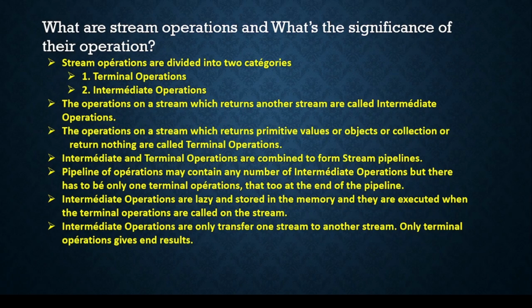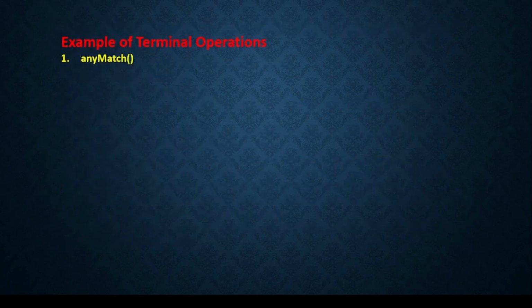Only in the case of a terminal operation are we going to get the end result. Remember one thing, an intermediate operation will give another new stream, whereas terminal operations give only the end result. After writing the terminal operation we cannot perform any kind of operation on that stream.